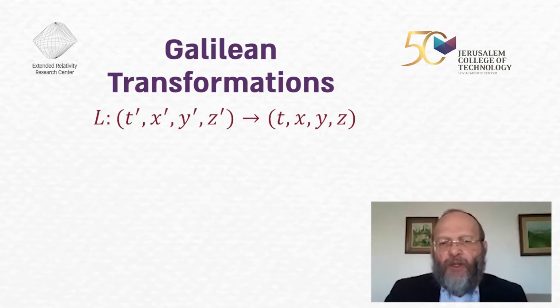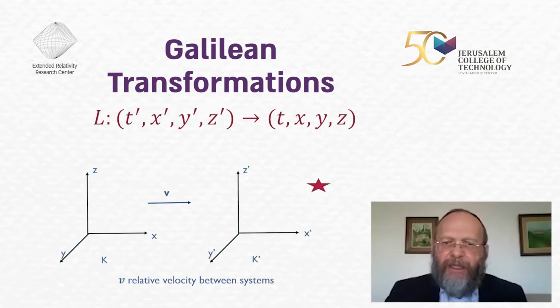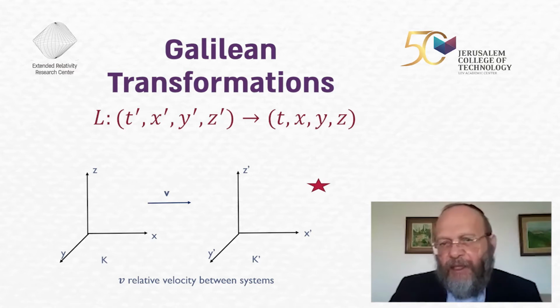Now we have two systems, x, y, z, system K, and x prime, y prime, z prime, system K prime, which moves with velocity v relative to K. We want to define the Galilean transformation.